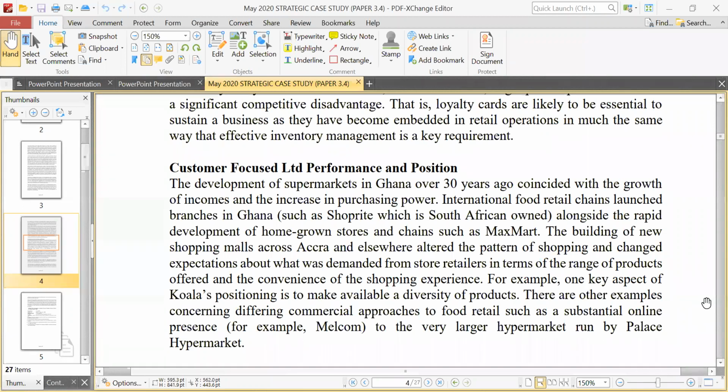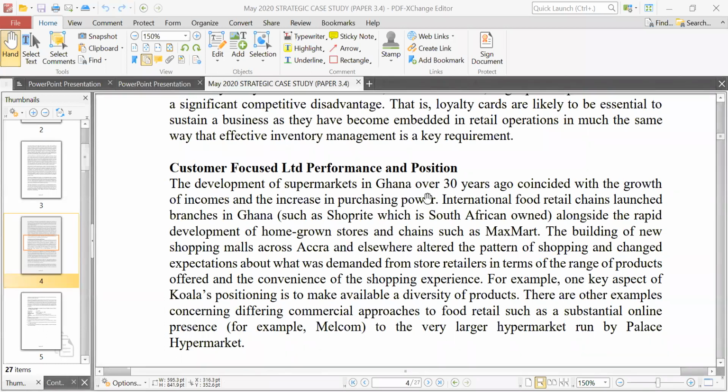The development of supermarkets in Ghana over 30 years ago coincided with the growth of incomes and the increase in purchasing power. International food retail chains launched branches in Ghana, such as ShopRite, which is South African owned, alongside the rapid development of homegrown stores and chains, such as Maxmart.